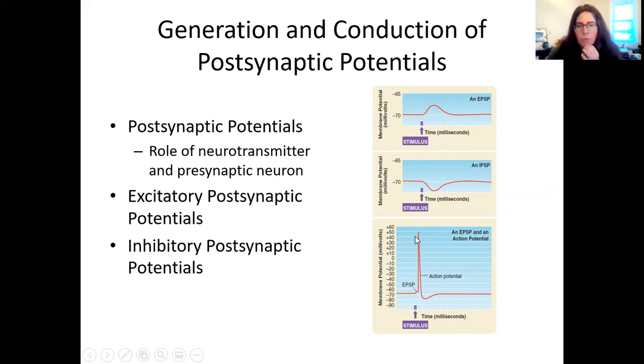So the charge is moving near zero, it's past it, and it sends its message. And that is called the action potential. As you can see at the end of the action potential, we'll talk about this in a moment, there is this dip or this hyperpolarization that happens at the completion of an action potential.